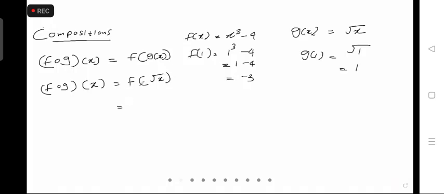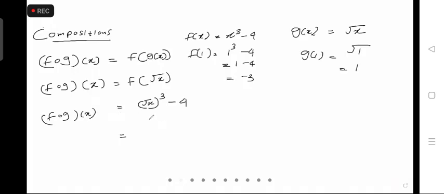Now f on root x, that means fx means 1. You are putting root x to the place where x stands. That means f of root x. So you can substitute root x for the x in the fx function. Root x times 4. Now this is the answer for this.